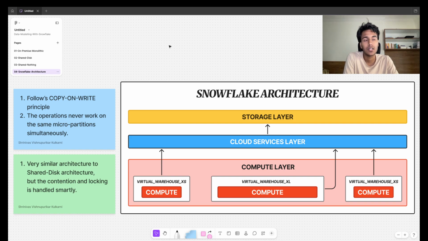And it's just amazing how engineers come up with these ideas. So yeah, I would say Snowflake just revamped the shared disk architecture by the implementation of micro partitions and the copy on write principle, where two separate compute resources don't fight for the same micro partition.